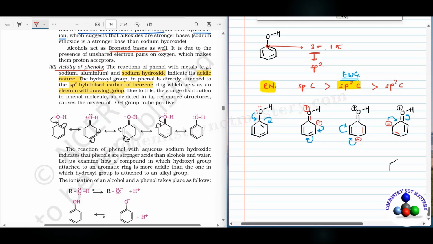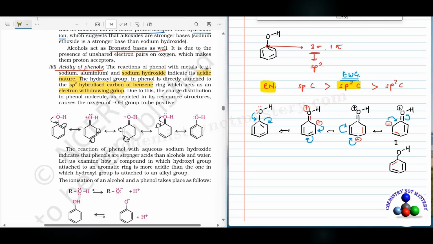So here you will get the next resonating structure. These 2 bonds will remain as they are, and a new bond is formed between these 2 carbons, and this time the oxygen carbon bond will become a single bond, and the charge over oxygen again neutralizes. So that's how you will get these many resonating structures. So these resonating structures are interconvertible to each other.